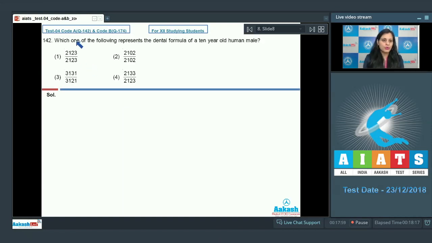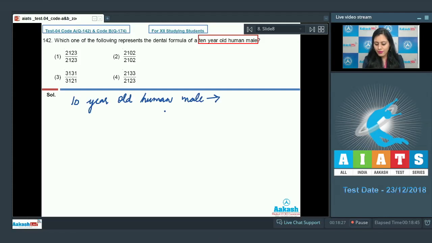Question number 142. Which one of the following represents the dental formula of a 10-year-old human male? Now we know that in a 10-year-old human male, there will be no premolars as well as no last molars or wisdom tooth.